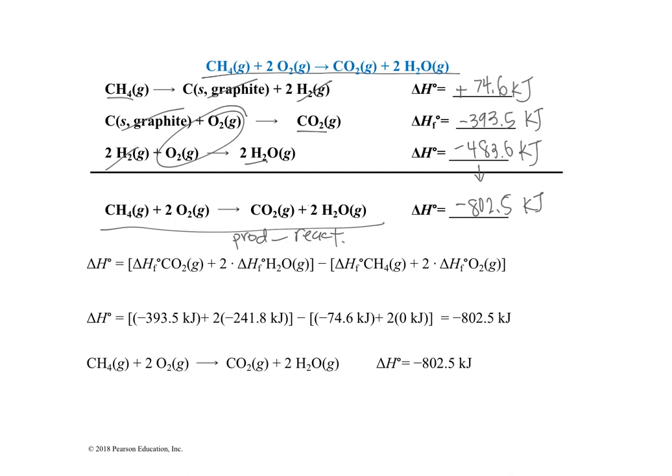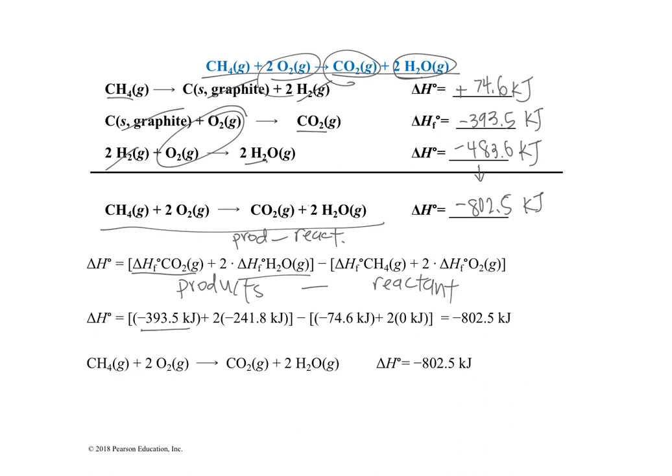So using the chemical formula, I'm going to take the enthalpy of my products, so the enthalpy of CO2 plus 2 times the enthalpy of water. I'm going to subtract my reactants, so the enthalpy of methane plus 2 times the enthalpy of oxygen, which is in its standard state, so it will be 0.